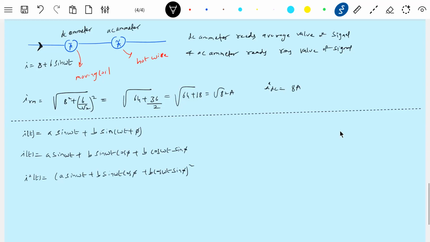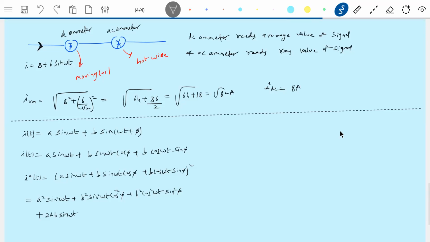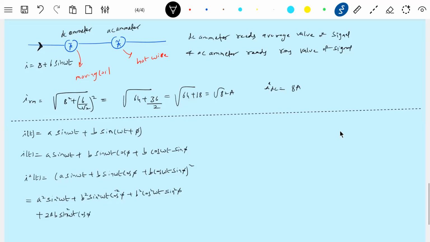Okay, this I square value, we are going to expand it. A square sine square omega t, plus 2ab sine square omega t cos phi, plus 2ac, 2bc.